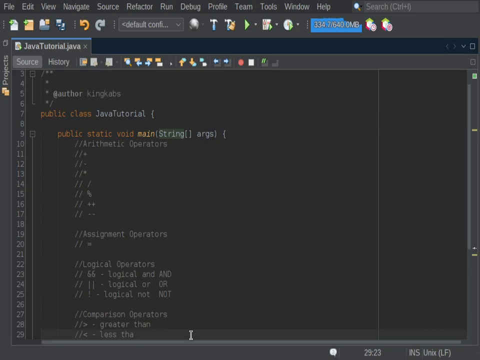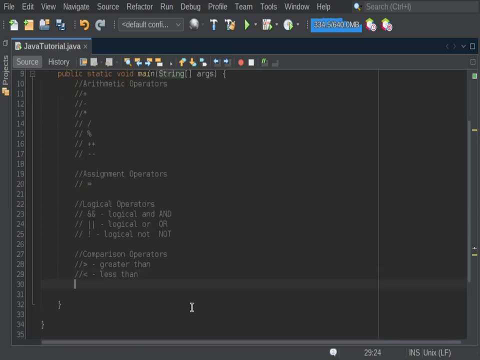We also have another one, greater than or equal to. And if we have greater than or equal to, of course we have less than or equal to.